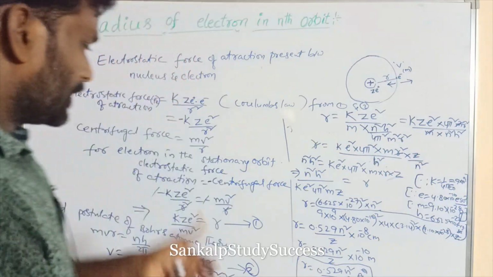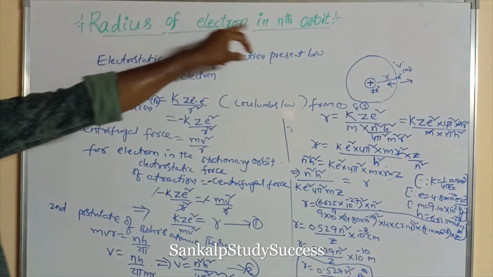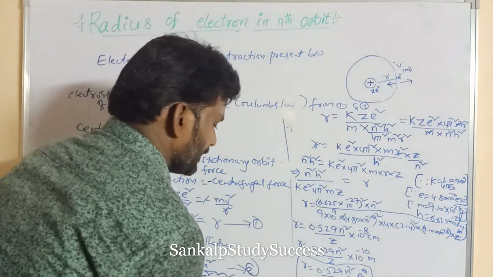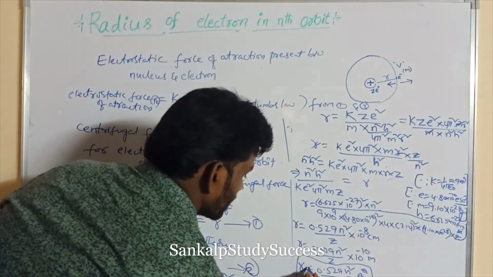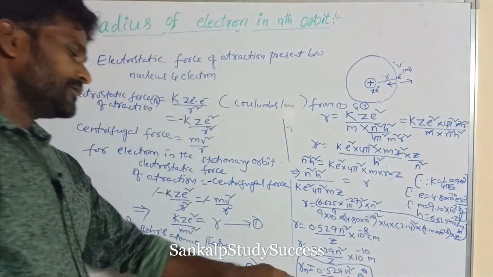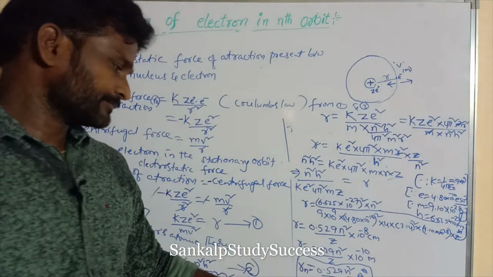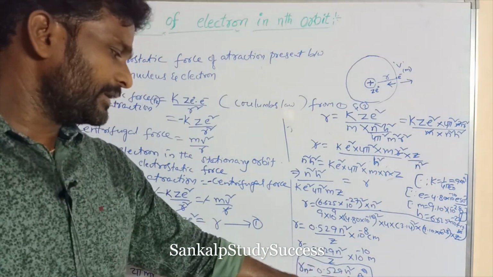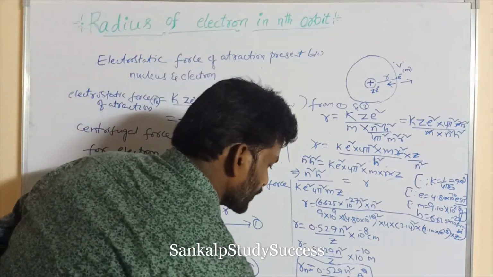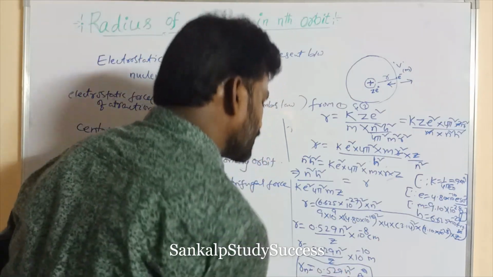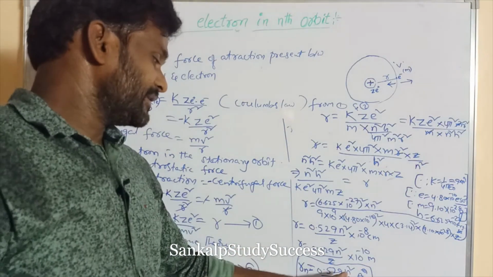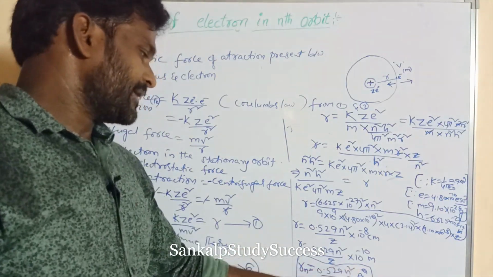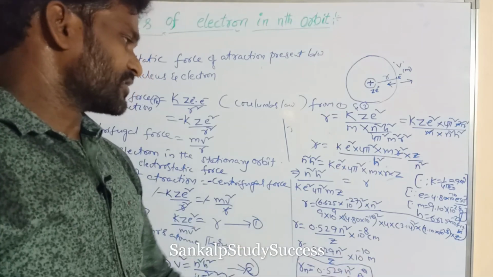So this is the radius of electron in the nth orbit, r n. If n is equal to 1, it is 0.529 by Z, where Z is equal to atomic number, 0.529 n square by Z angstrom.